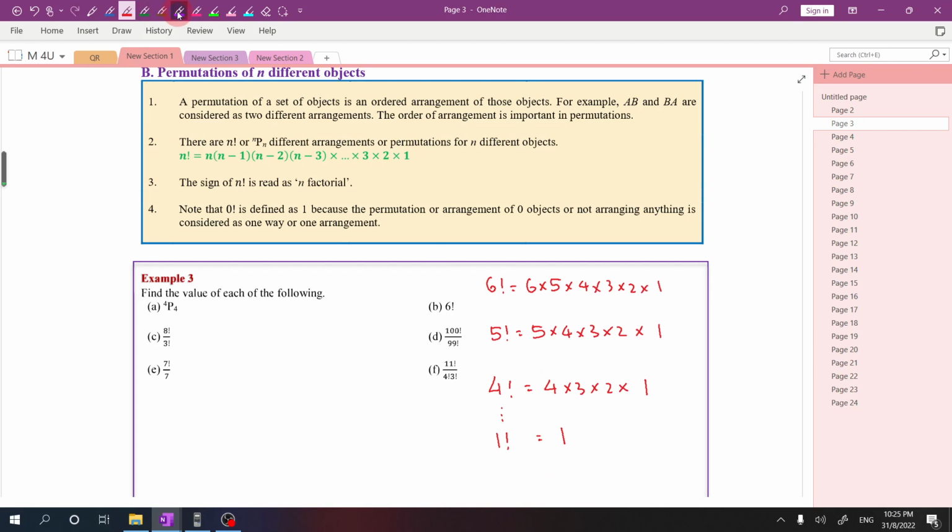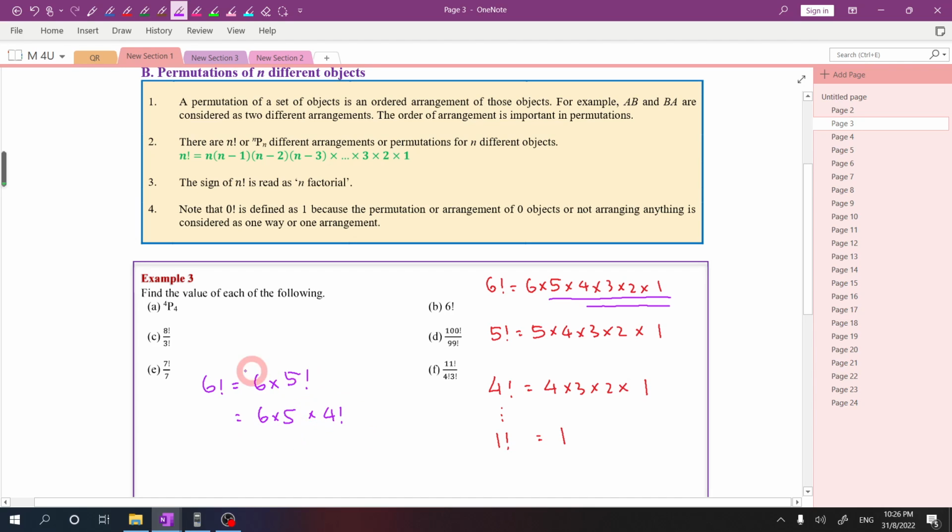Okay, now you look at this. 6 factorial, we also can write 6 times 5, 4, 3, 2, 1 here. It's actually 5 factorial, right? I can write like this. They're actually the same thing. We also can write 6 times 5 times 4 times 3 times 2 times 1, which is equal to 6 times 4 factorial, right? And so on.